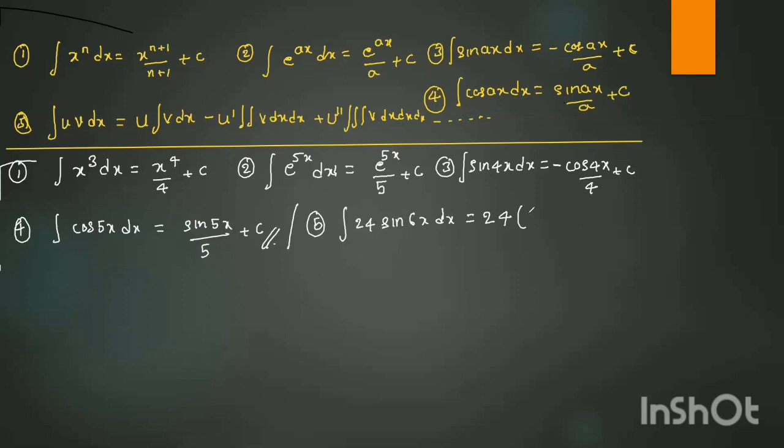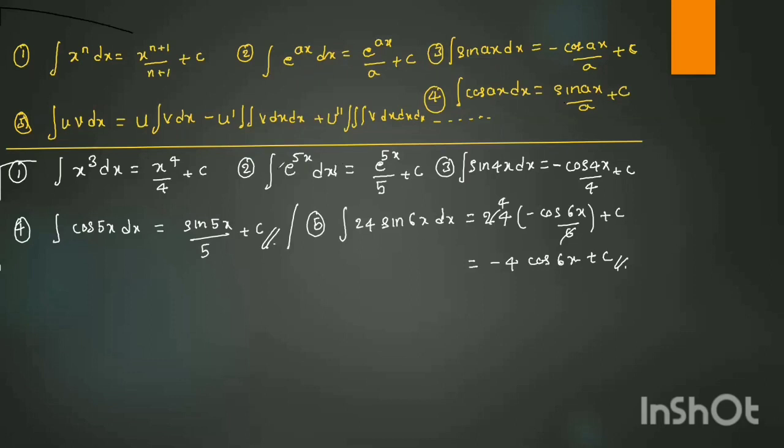Integral of sine 6x is minus cos 6x divided by 6 plus c. Then you can simplify. So what will be your answer once you simplify? Minus 4 cos 6x plus c. Okay, this will be your answer.